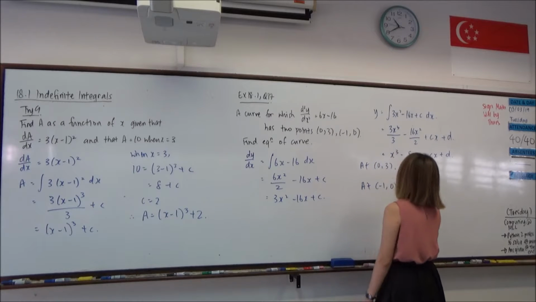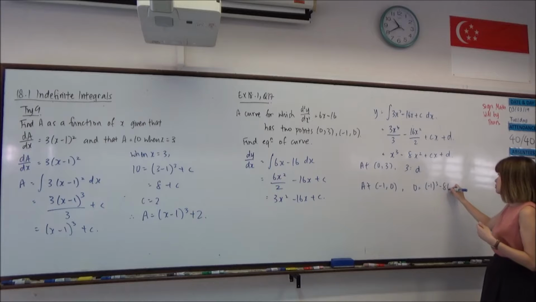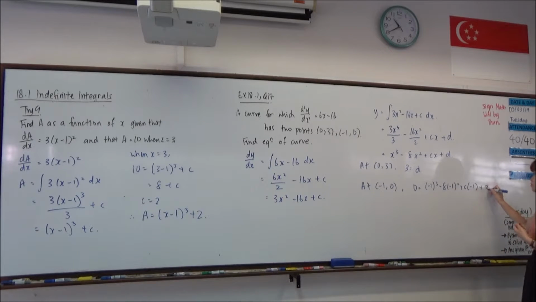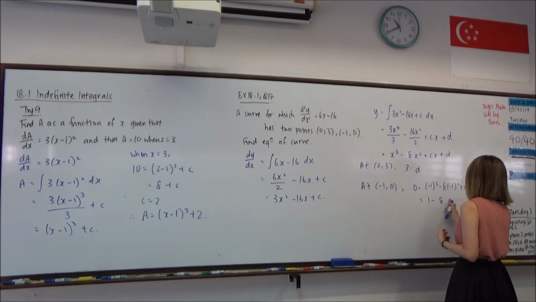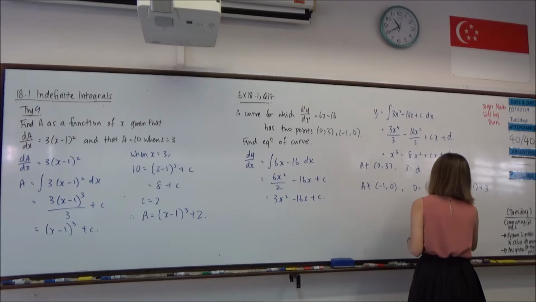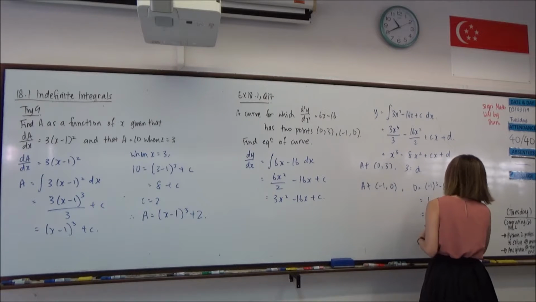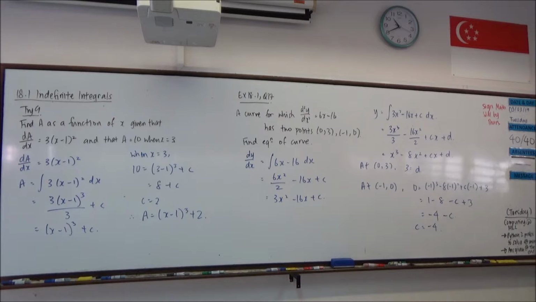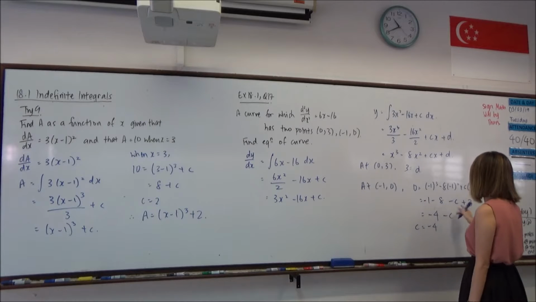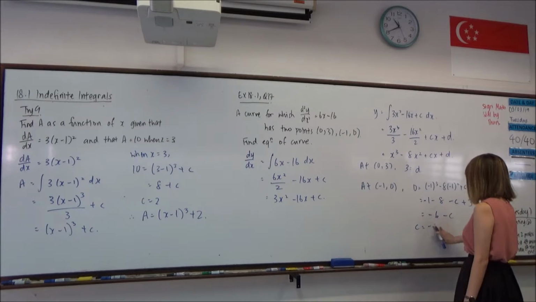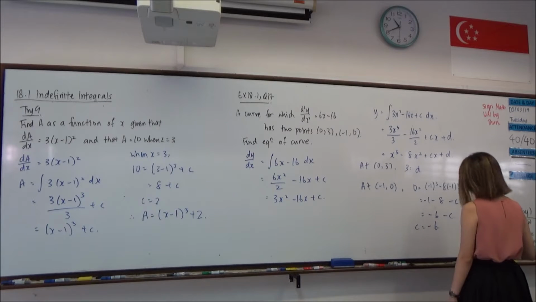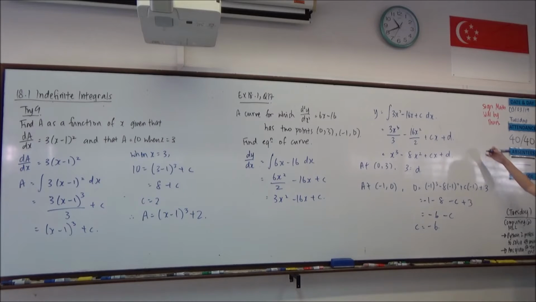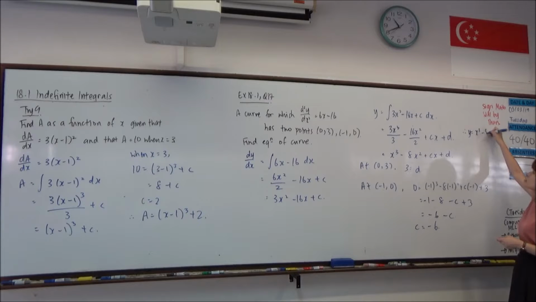And then at (negative 1, 0), therefore the equation would be x cubed minus 8x squared minus 6x plus 3.